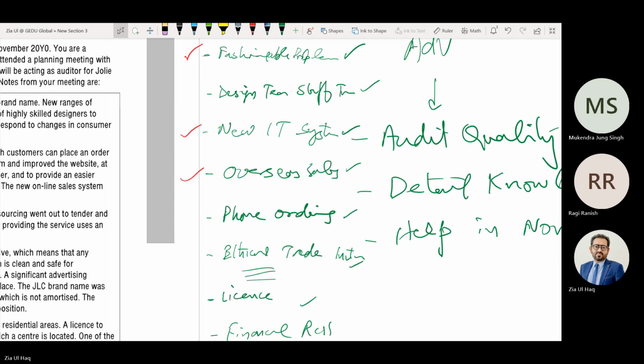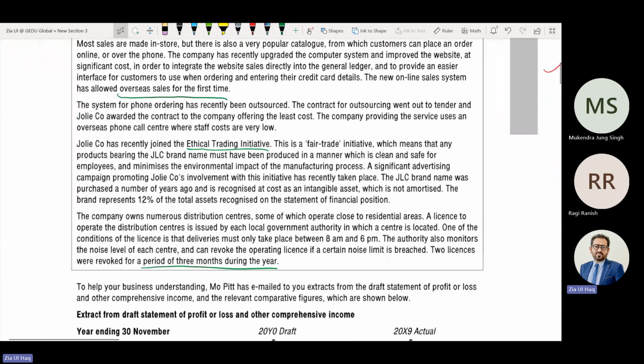Now the brand name that was not amortized, if per IAS 38, brand is not amortized, chances that assets profit could be overstated, expenses understated. And then 2 licenses revoked.